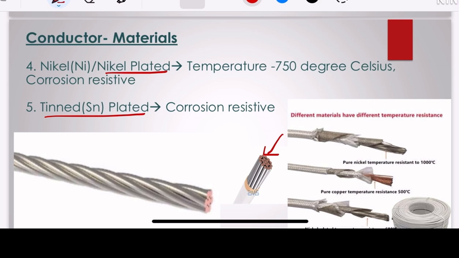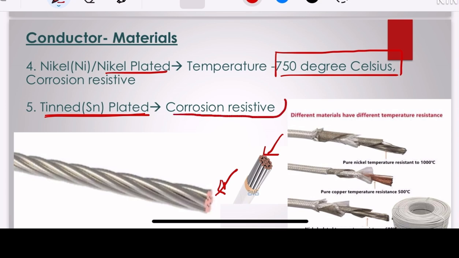With this plating, the cable property will enhance and we can use that cable till 750 degrees Celsius. And as we know that copper is reactive to humidity and temperature, when we do the tin coating over the copper cable, then it will increase the resistivity of copper cable against corrosion.